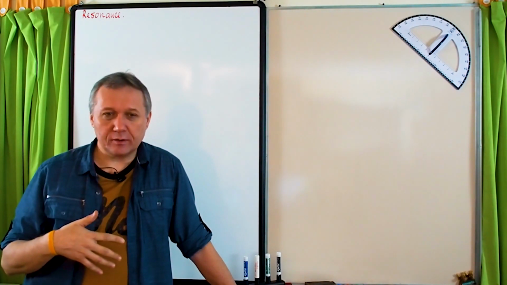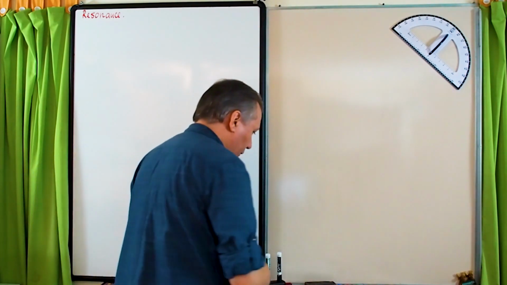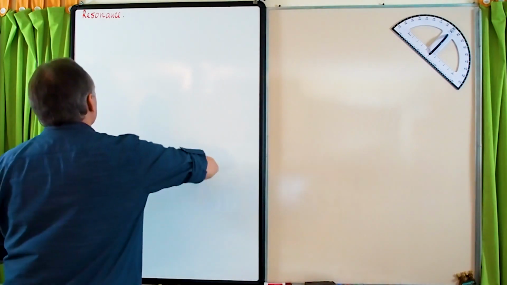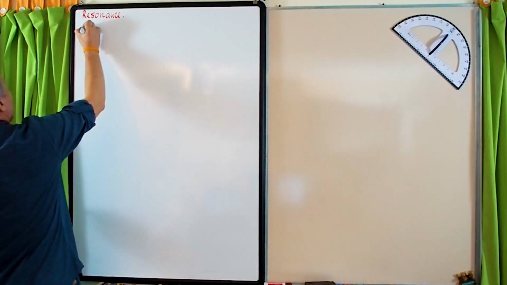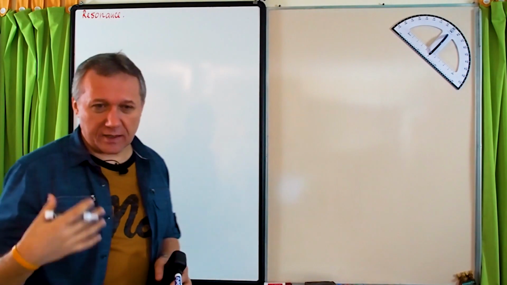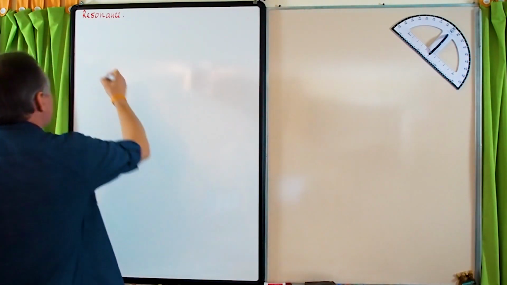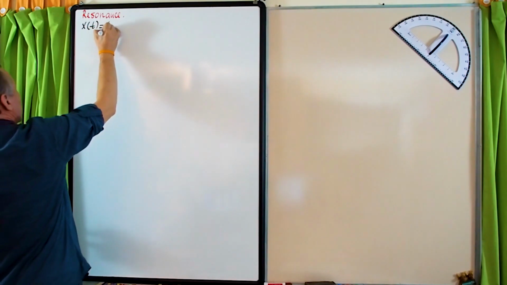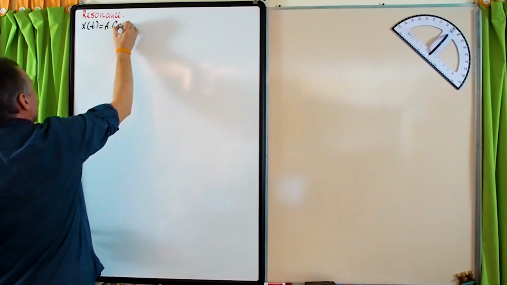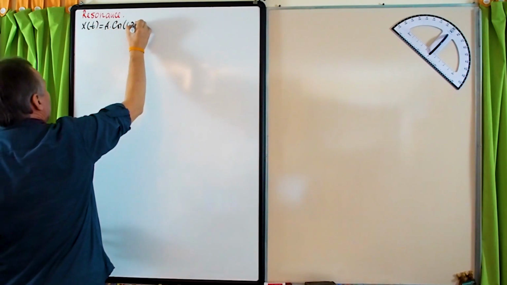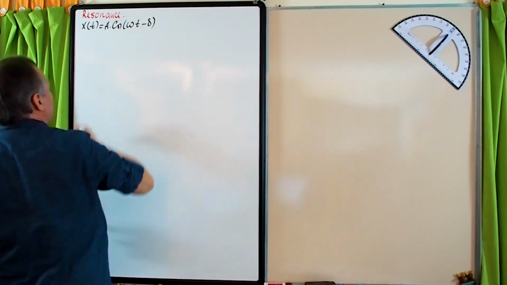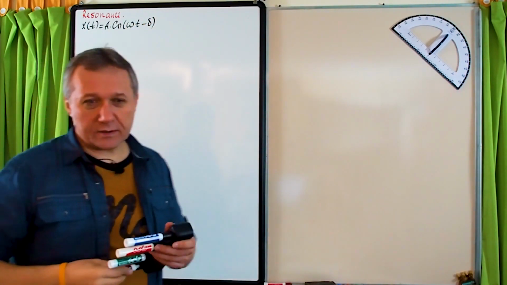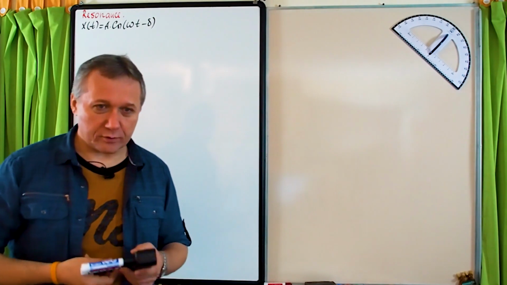We found the particular solution, and we called it the steady state solution. So x, the response of the system, equals amplitude times cosine of omega t minus delta, where omega is the driving frequency of the driving force.